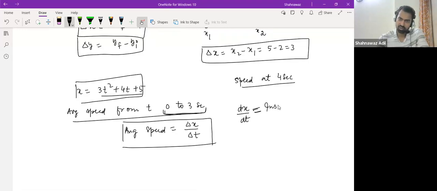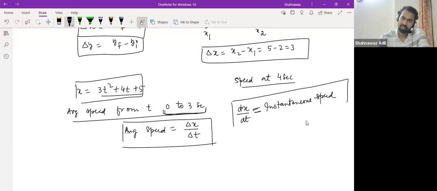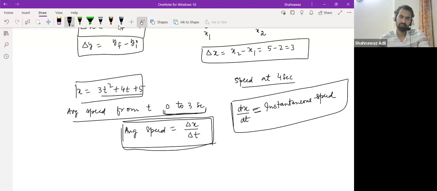Instantaneous speed, right? If I use this dx by dt, this will give me instantaneous speed. For average speed, we need to calculate delta x by delta t. Is that clear?